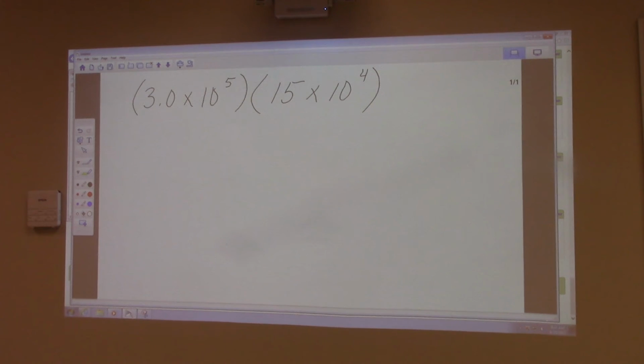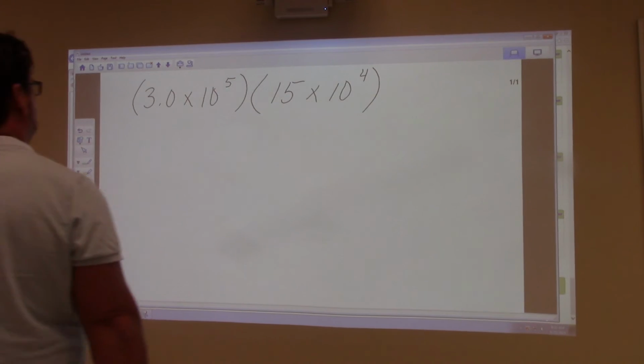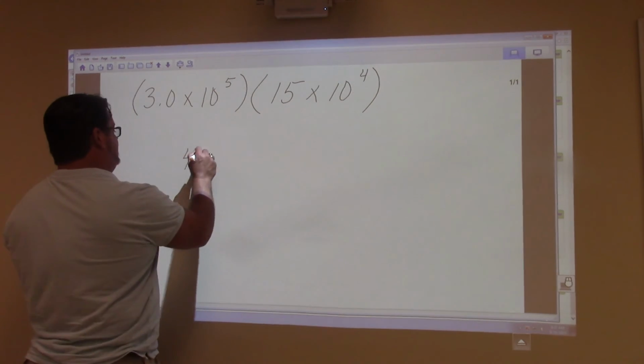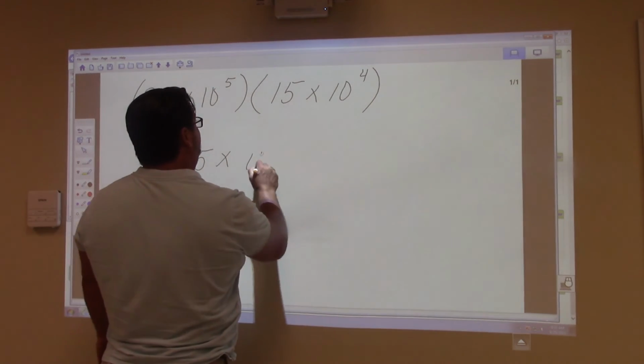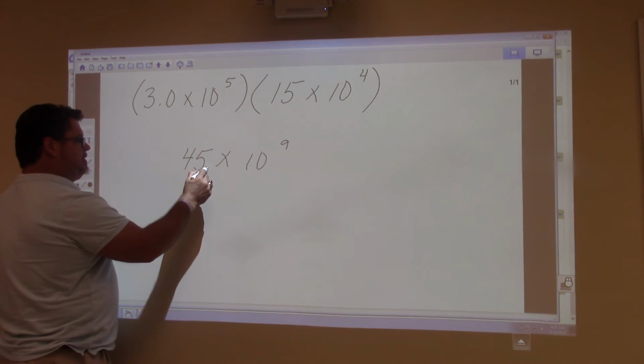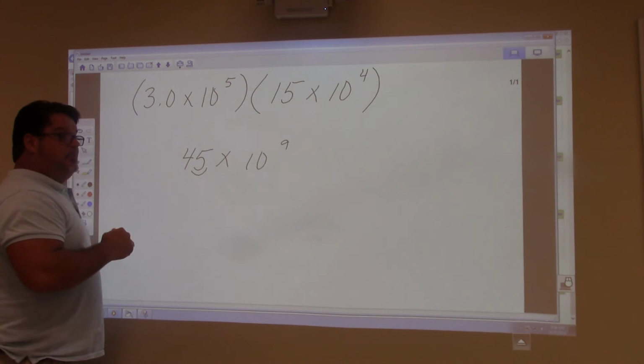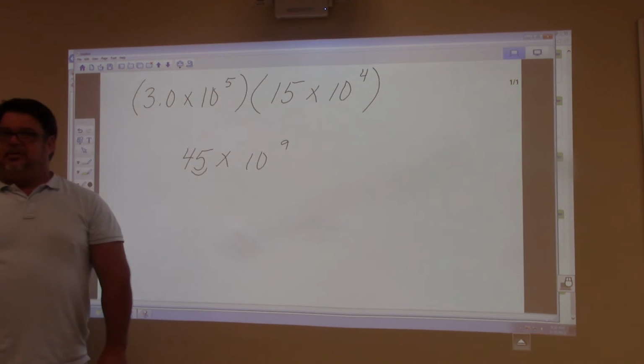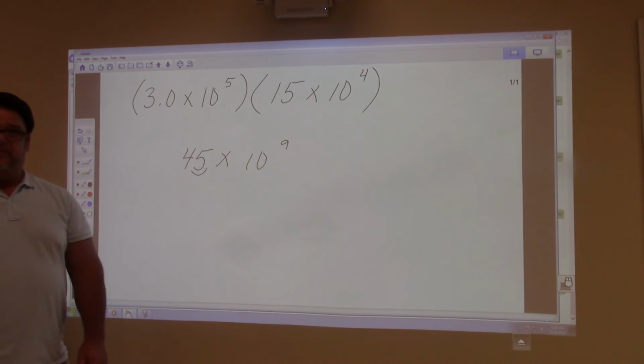But what? Why is it not that simple? Because you don't know which way it needs to go. So, you go 45 times 10 to the 9th, and then it needs to go where? One place. Notice I didn't say a direction. I just said one place.